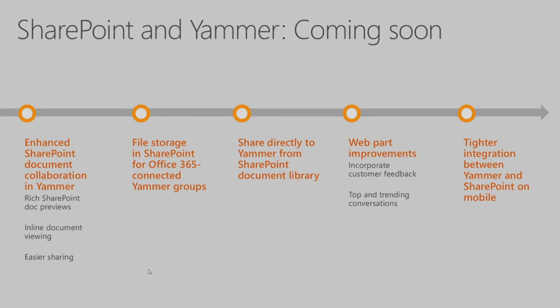We are also working on a number of other enhancements that are going to bring SharePoint and Yammer closer together as well. Adrian had talked about the enhanced document collaboration in Yammer, so I'll show you some ideas of what we're looking at there. File storage in SharePoint: Yammer essentially is going to get out of the business of storing files, and those are going to be stored in SharePoint.